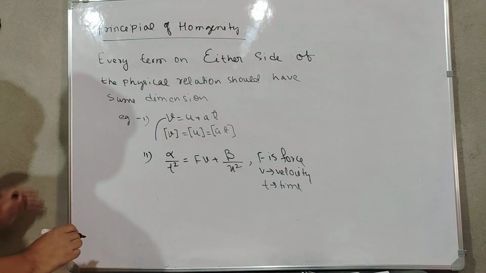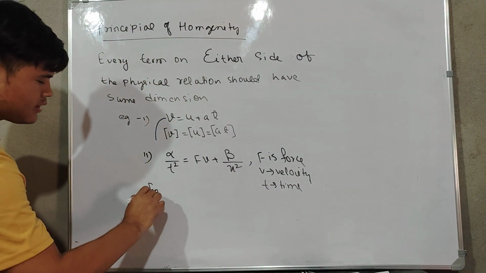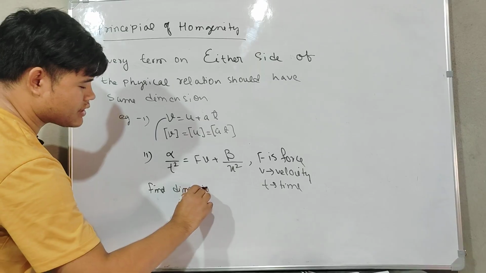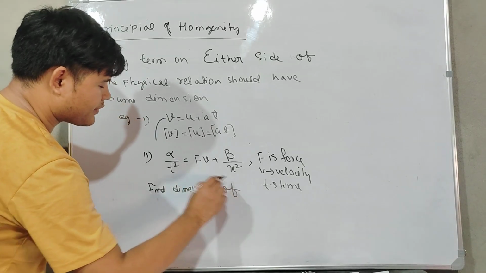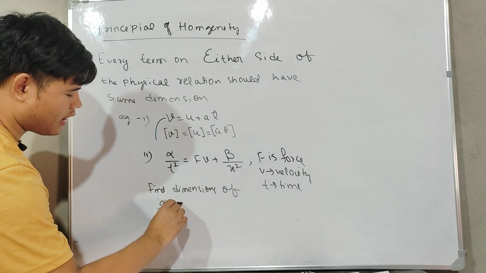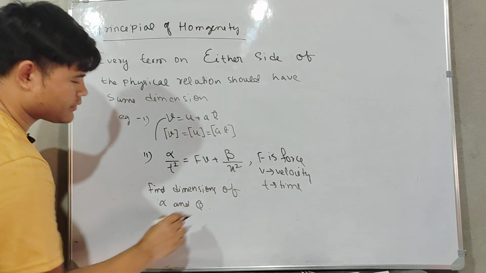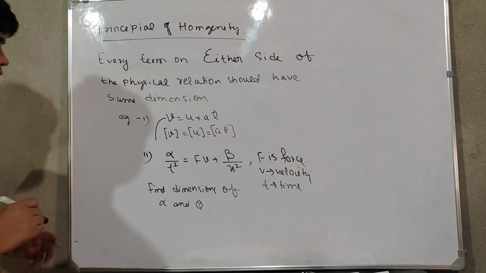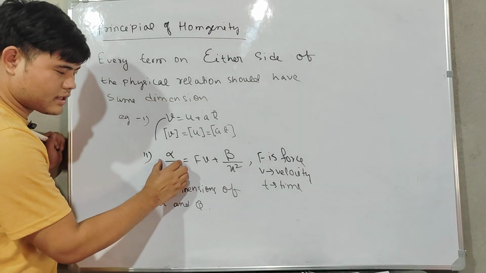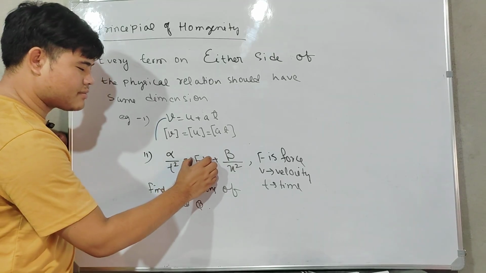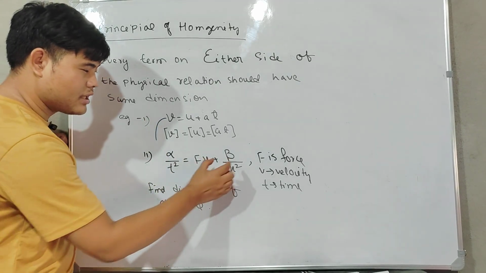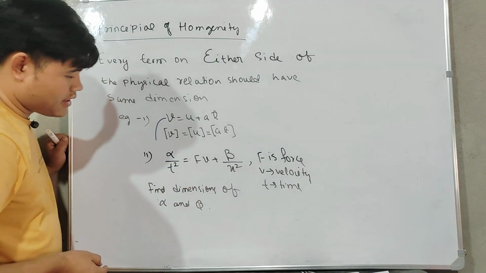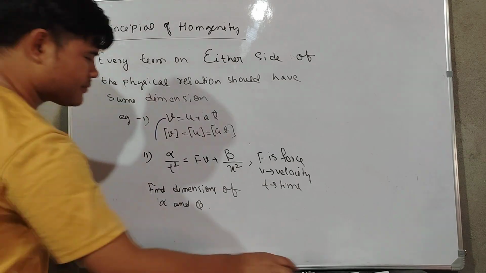The question tells us to find the dimensions of alpha and beta. How will you find the dimensions of alpha and beta? Just now we learned the principle that these terms will have the same dimensions, and this term and that term will also have the same dimensions. So let us solve it.